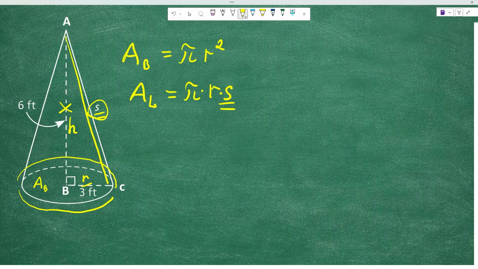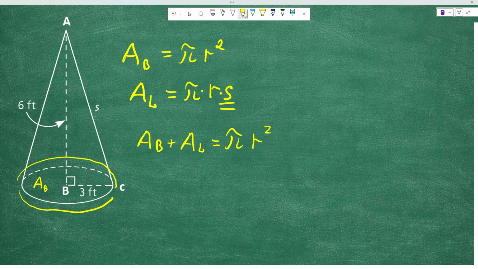So, our total surface area formula is base area plus lateral area, or pi r squared plus pi r s, where r is our radius here. Now, look back at our problem image. What do we actually have?